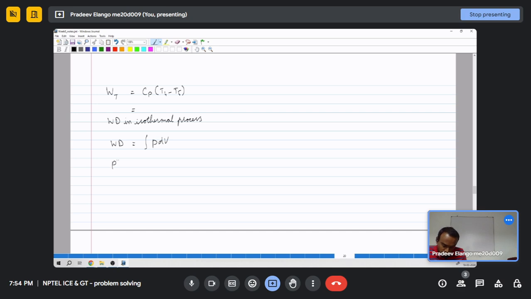If we write PV equal to constant, here temperature is constant, that means P is inversely proportional to volume. Then we will have dV by V. So work done is ln of V.